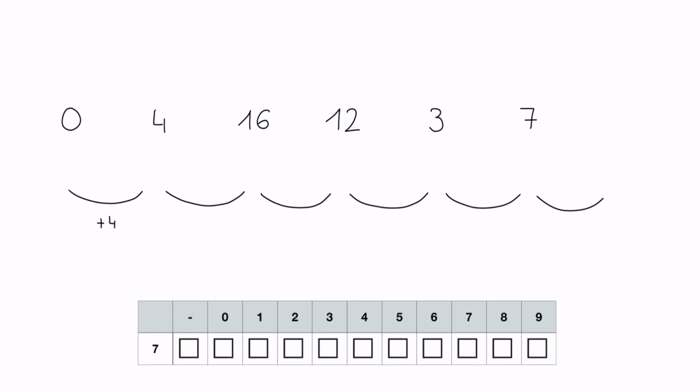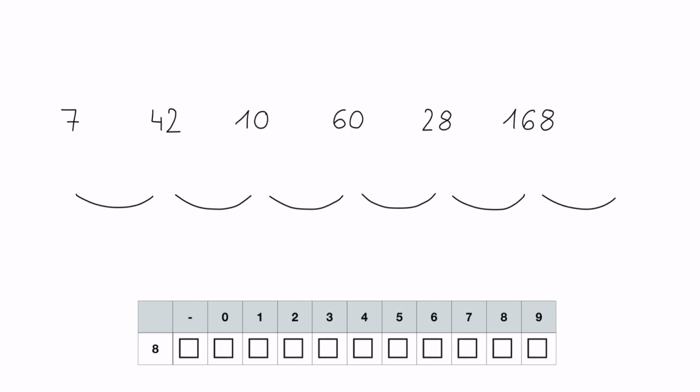So first you have plus 4, and then times 4, and then minus 4, and then divided by 4, and then plus 4 again. So you can see that we're actually just cycling through all the different operations, and we end up with 7 times 4, which is going to give us 28, which we're going to mark on the answer sheet as 2 and 8. So moving on to the next exercise.